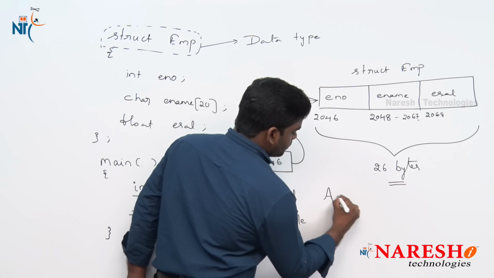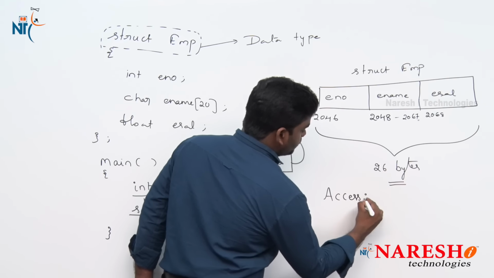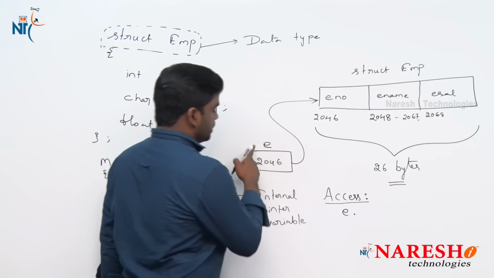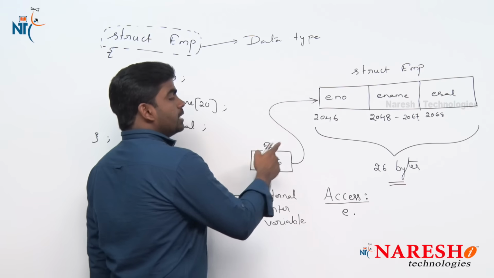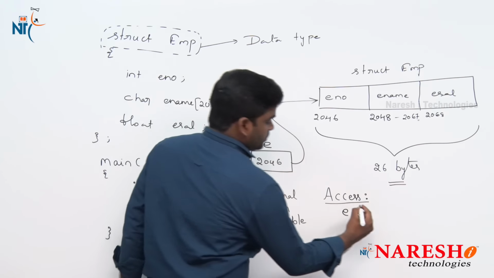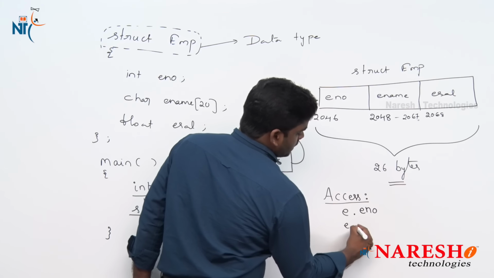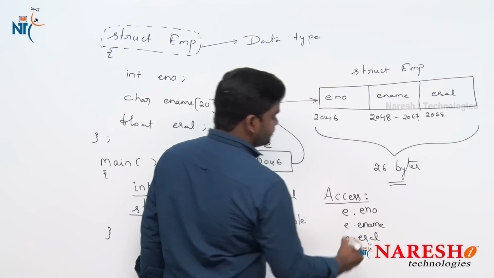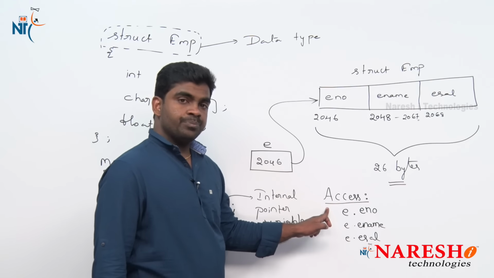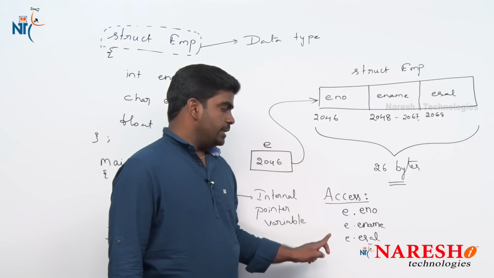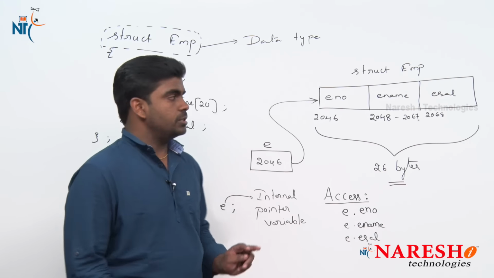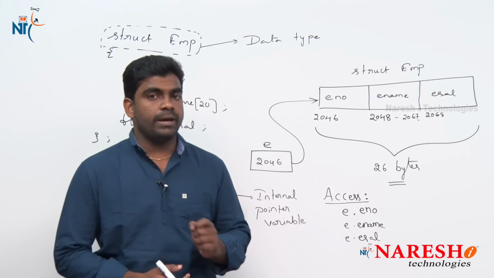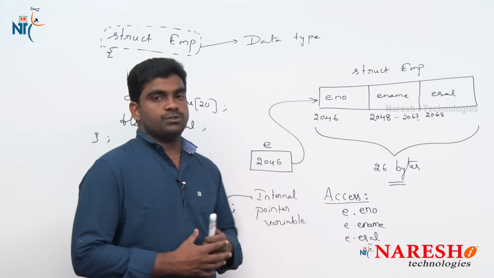Accessing is very simple: e dot, where e is the base address and the dot operator is the accessor. E dot eno, e dot ename, e dot esal, that is, e dot employee number, e dot employee name, e dot employee salary. This is how to access the members of the structure.